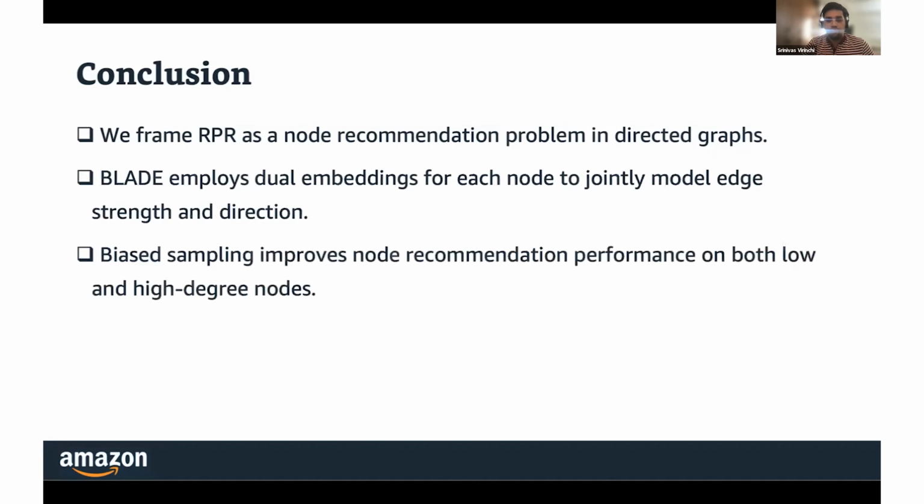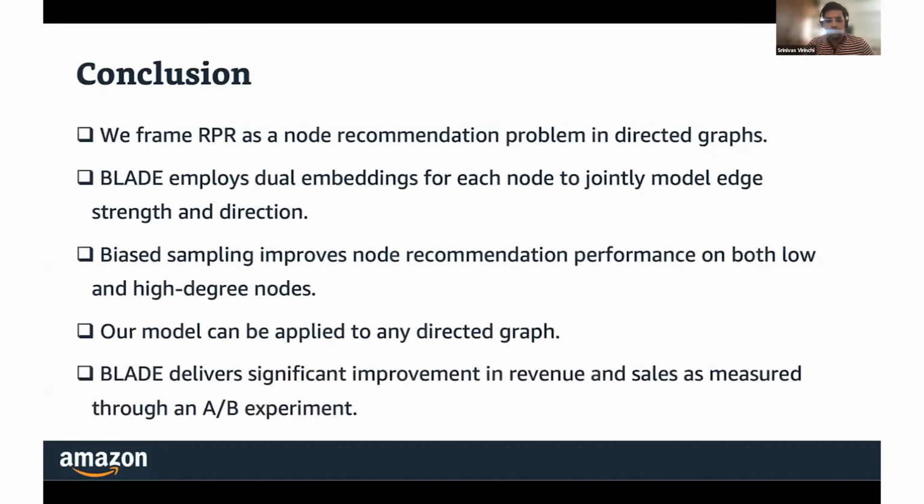And to handle any structural bias in the graph, we had some kind of local weighting and neighborhood sampling. And our approach is generic and it could be applied to any directed graph with or without edge or node features. And we also conducted an A/B test online, and we saw very good results using this approach.